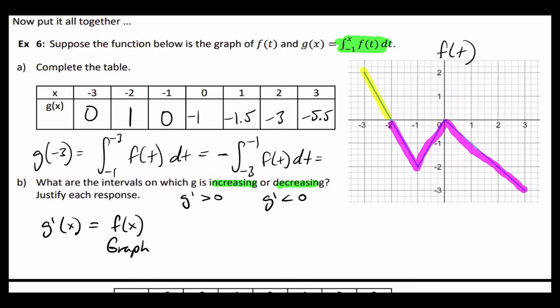G itself is actually an integral, which is area under the curve. Okay, so now we're going to write the intervals where it's increasing or decreasing. So increasing, yellow, from -3 to -2.